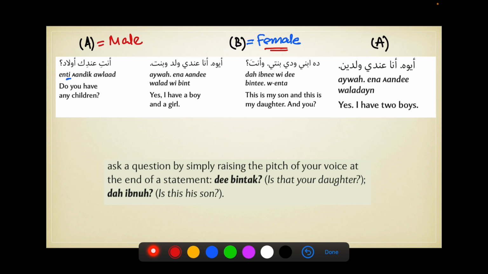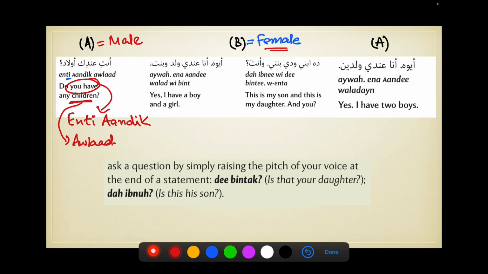A is asking B, do you have any children? How will we convert it into Egyptian Arabic? So what we will do is, for "you have", we will write anti andik, and for children we will write awlad.